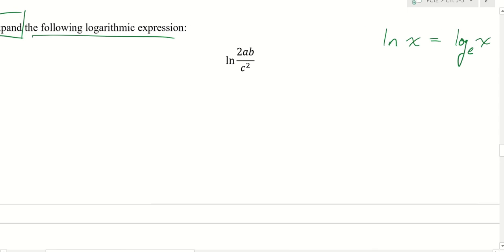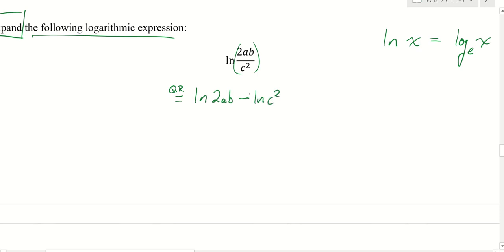Okay, so we have ln of 2ab over c squared. We need to expand it. So one thing we can do to expand this is apply the quotient rule. So we have ln of 2ab minus ln of c squared.